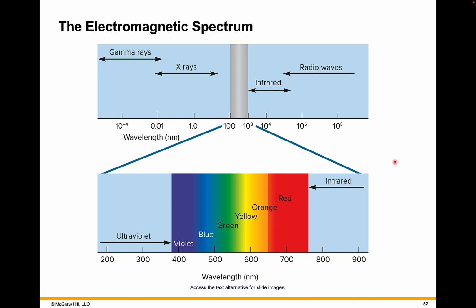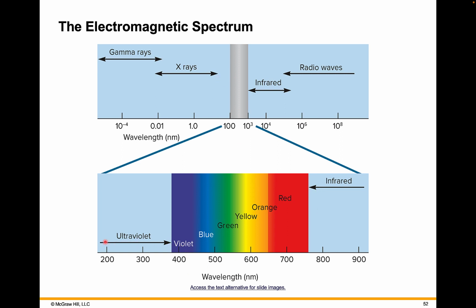Next, we are looking at the electromagnetic spectrum, and here is the visible range, flanked by the infrared on the red side and the ultraviolet. And how does radiation affect microorganisms?